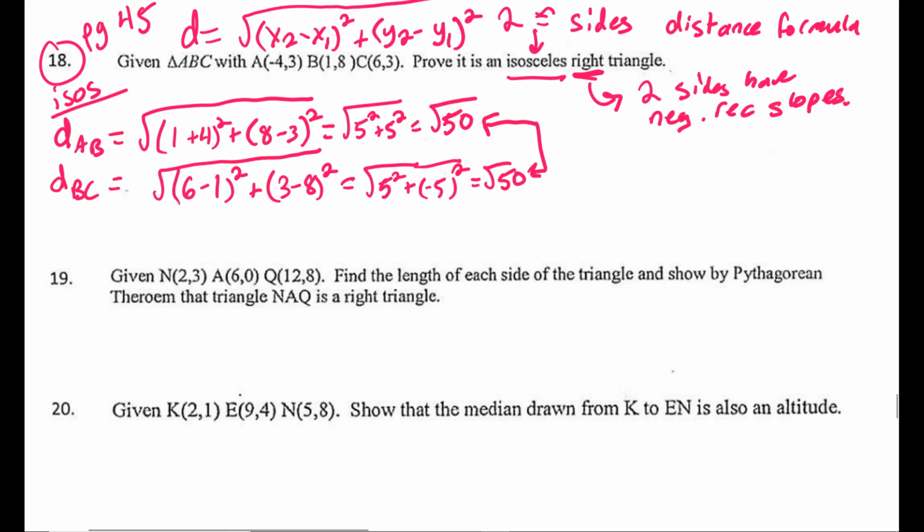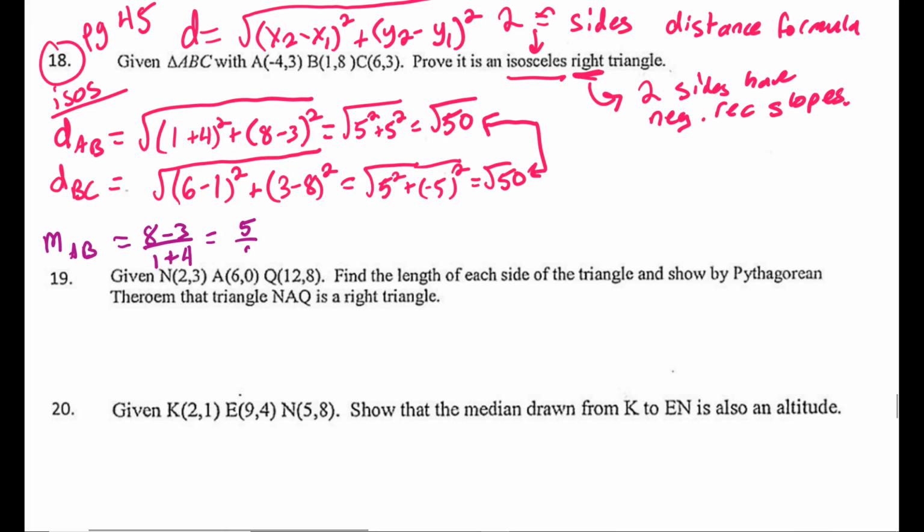Okay. So that's enough work to justify why this is an isosceles triangle, but we still need to show why it's a right triangle. So I'm going to do that by using the slope formula. So I'm going to find the slope between each of the vertices and hope that two of them are negative reciprocals. So I'm going to start with the slope between A and B. So subtracting my x's and subtracting my y's. 1 minus negative 4 is just 1 plus 4.